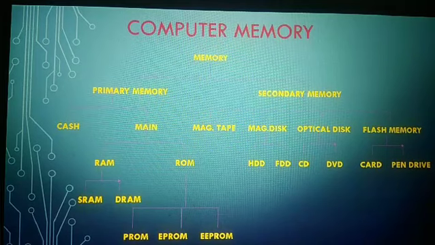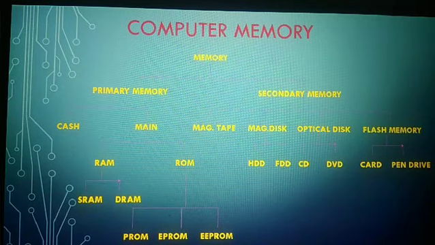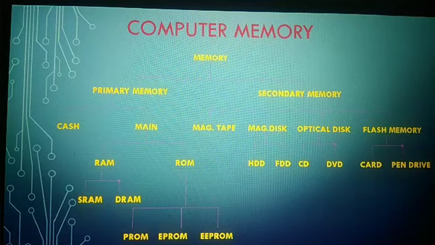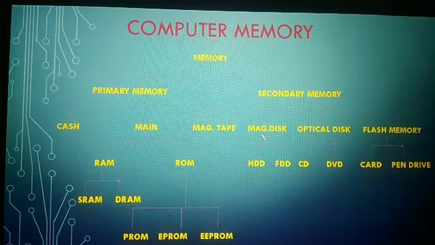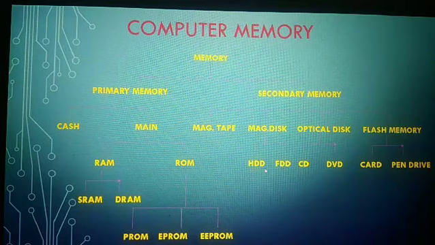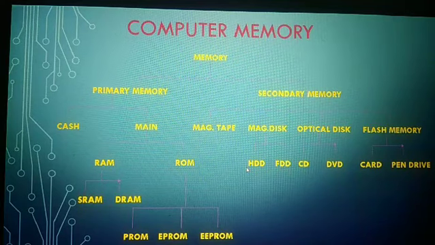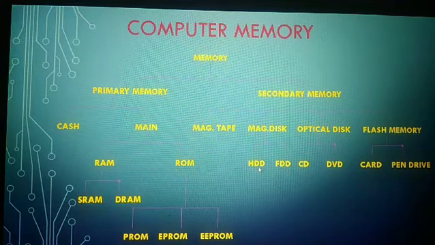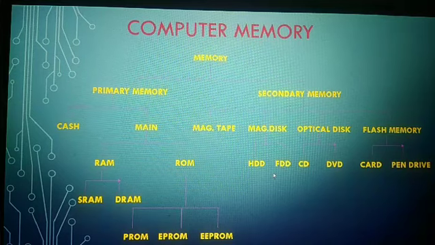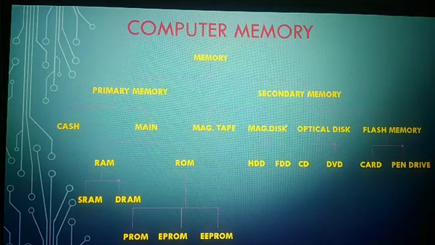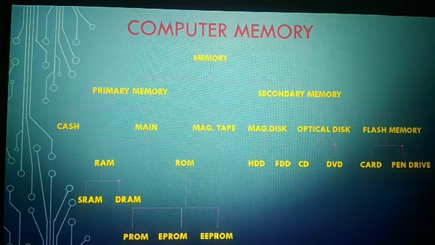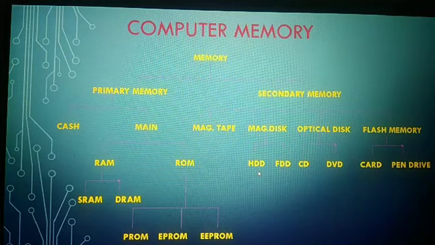Next secondary memory is magnetic disk. So we divided magnetic disks into two parts, HDD and FDD. HDD, hard disk drive. So first we will see HDD.